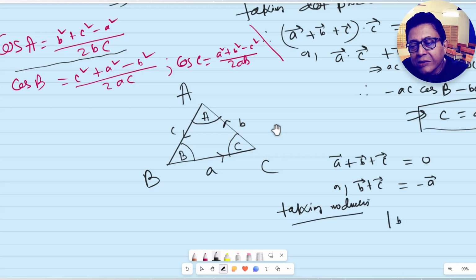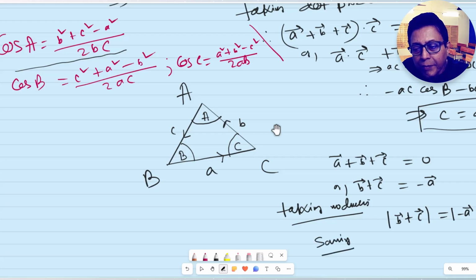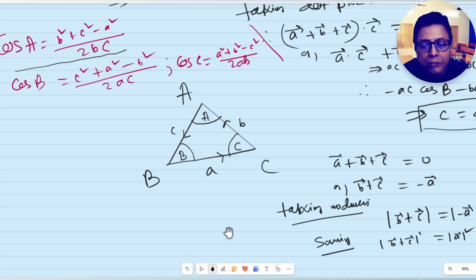Taking modulus, you get mod of B plus C equal to mod of minus A. Now squaring, mod of B plus C squared equals mod A squared. So now, what is mod B plus C squared?